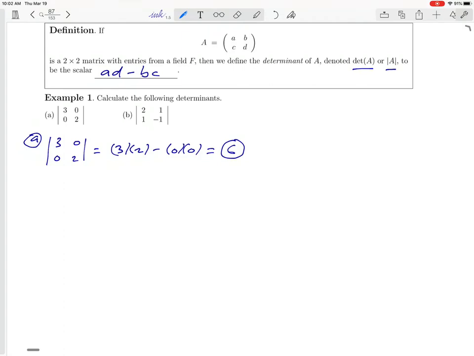Okay, now what's kind of interesting here is that there's a geometric interpretation to the determinant which we can get if we look at the columns of our matrix, 3, 0, and 0, 2. I'm going to give those two vectors names. Okay, let's call U the first column and V the second column.